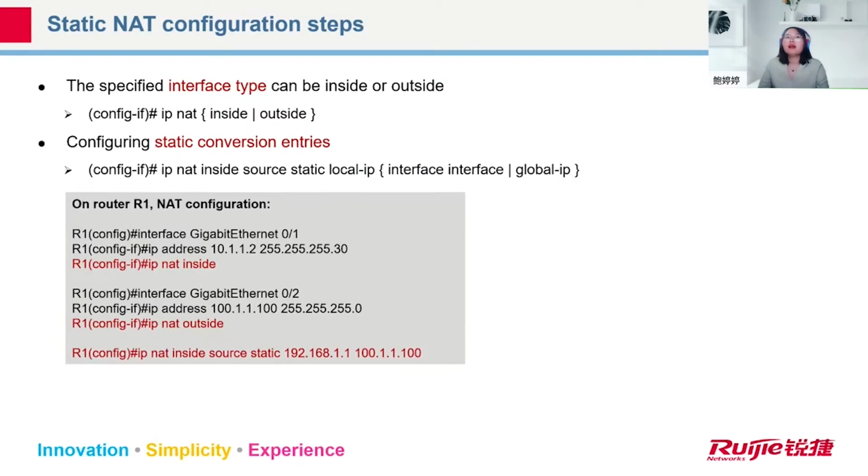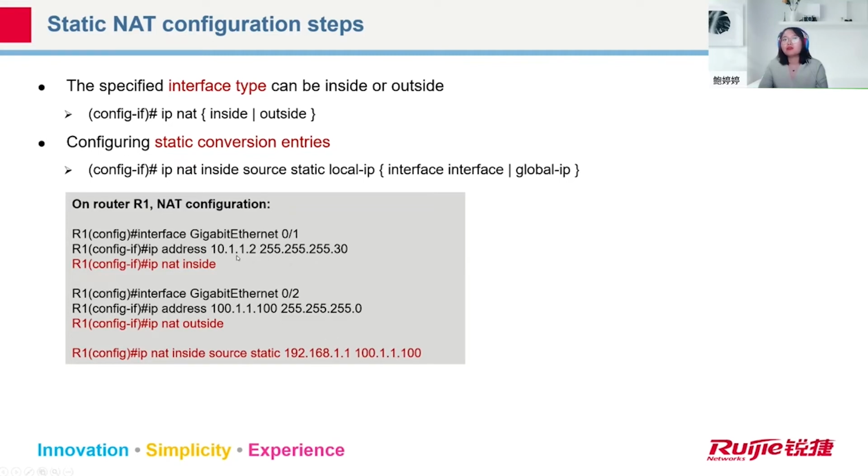For the configuration, you have to set your interfaces, which interface is inside and which is outside, and then add the mapping of the source and the destination: ip nat inside source static 192.168.1.1 to 100.1.1.100.